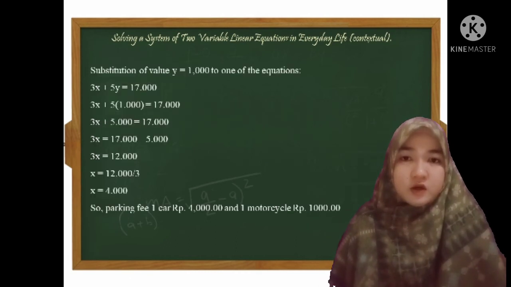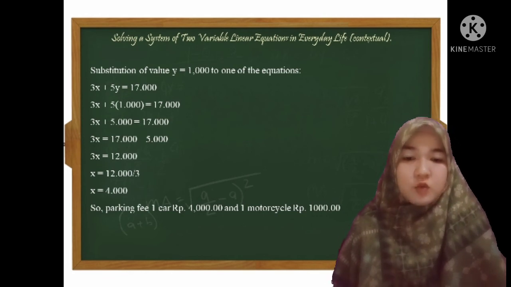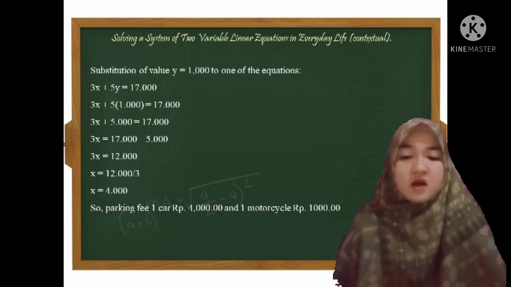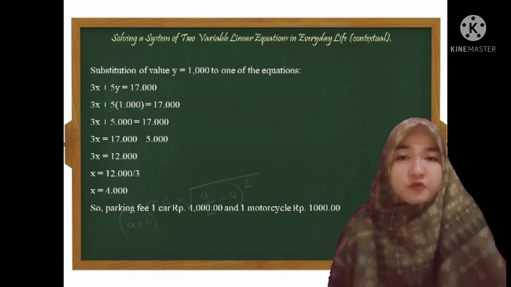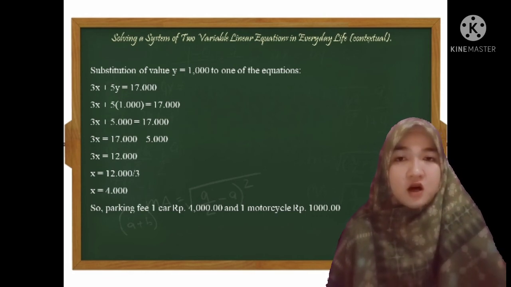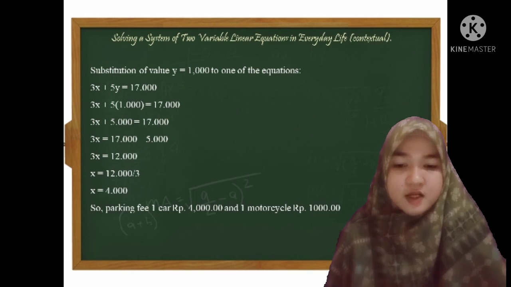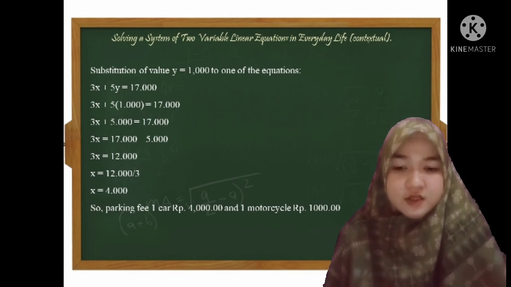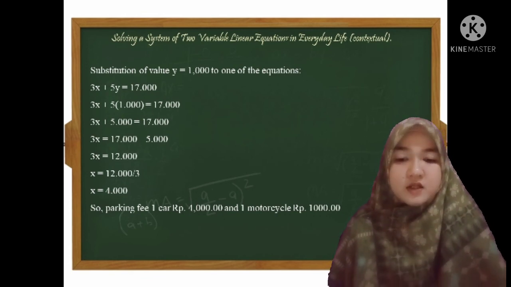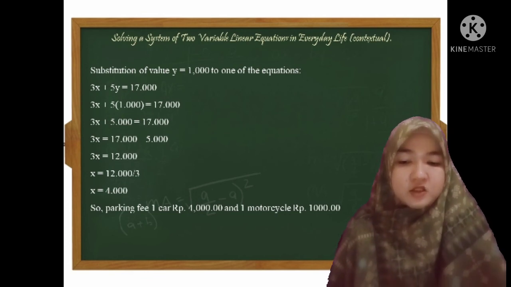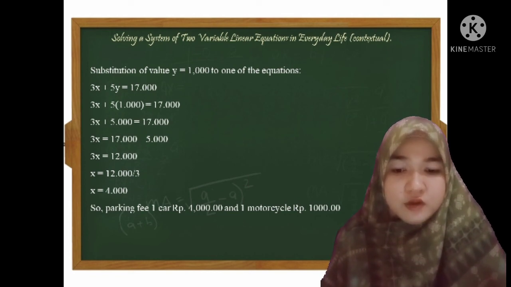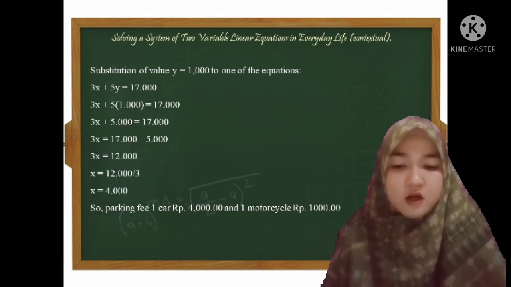Substitute the value y equals 1,000 into one of the equations. 3x plus 5y equals 17,000 becomes 3x plus 5 times 1,000 equals 17,000, becomes 3x plus 5,000 equals 17,000, becomes 3x equals 17,000 minus 5,000, so 3x equals 12,000, so x equals 12,000 over 3, which gives x equals 4,000.